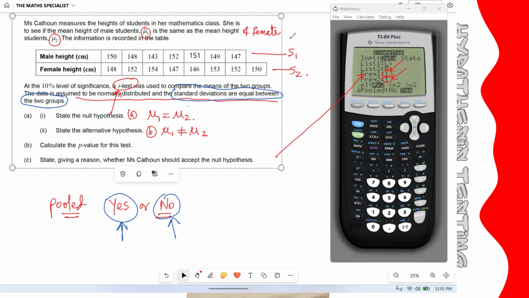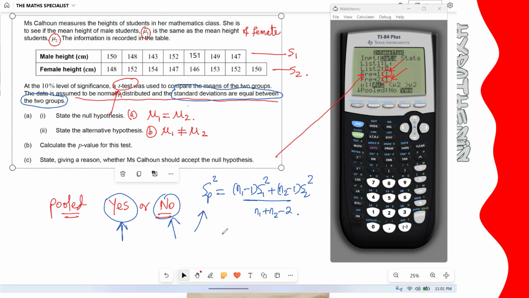If we say yes, it means the calculator will find the combined standard deviation between the two samples using this formula: Sp squared, the pooled variance, equals N1 minus 1 times S1 squared plus N2 minus 1 times S2 squared, divided by N1 plus N2 minus 2.